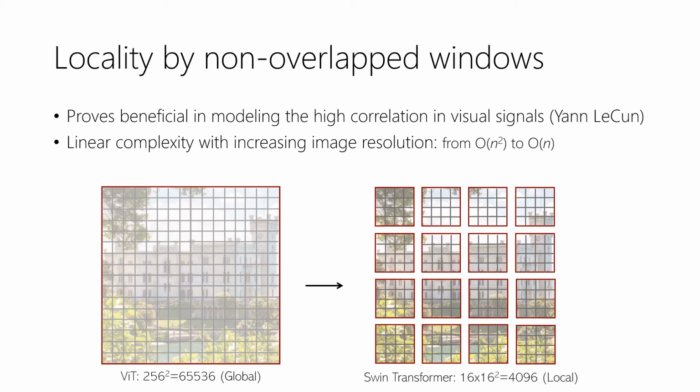There are 256 patches, and the computation of ViT is in quadratic complexity with respect to the number of patches. Please see the right image. When we partition an image into 4x4 windows and perform computation within each window, the complexity will be reduced by 16 times.